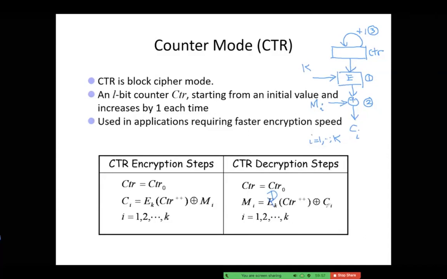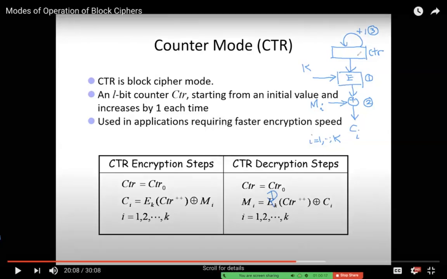As you can see here, if there is a transmission error in CI, then only MI is affected. So counter mode has this advantage. This should still be EK, so it's not decryption. What we are trying to get here is that when we get CI, we want to get MI back.